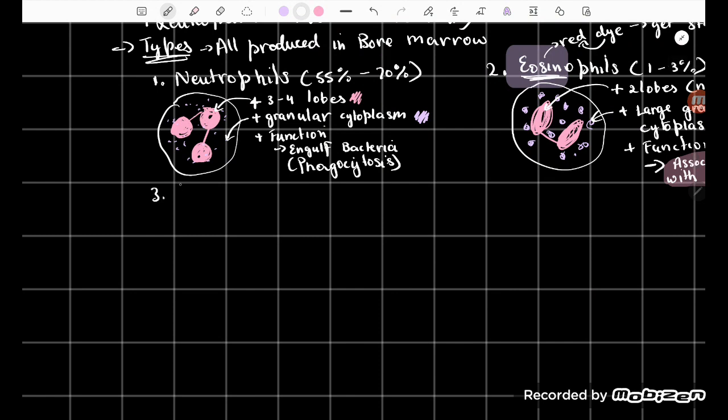The third one is basophils. This is again very low, and you don't need to remember the percentage for this, it's like 0.5 to 1%. Let me draw the diagram for you.